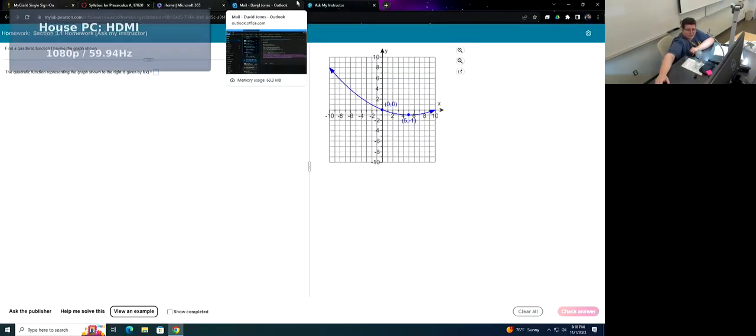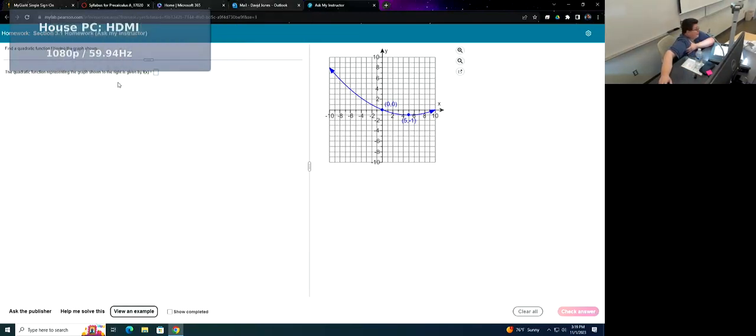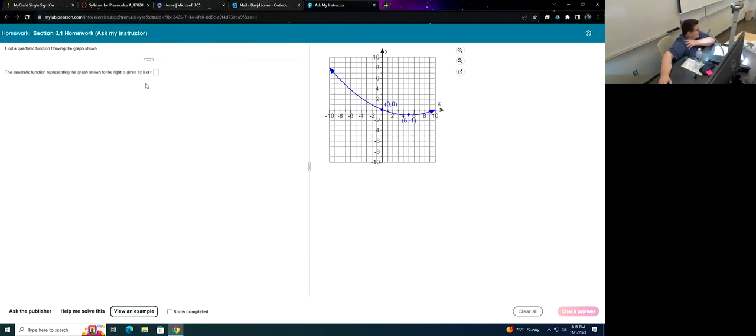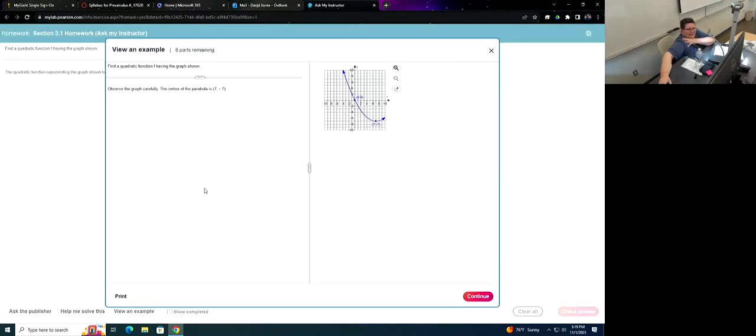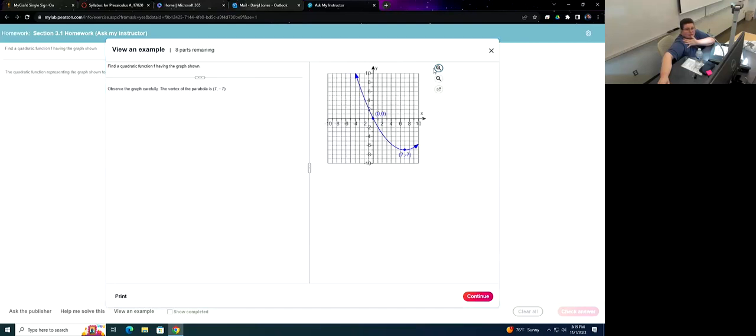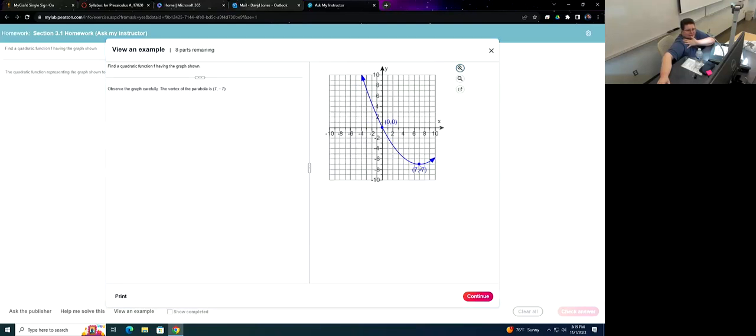All right. So I wanted to point something out in case you guys aren't using it. I had no problem answering questions for this. But if you're at home and you're stuck on a problem, view an example will say the exact same thing. They'll use a different problem, but they had a vertex at a different spot. They still went through 0, 0.